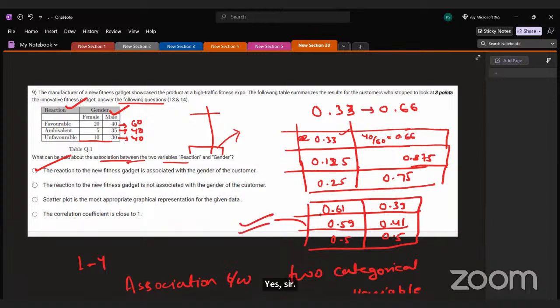But here we have a significant difference, that's why these are associated. Okay, sir.